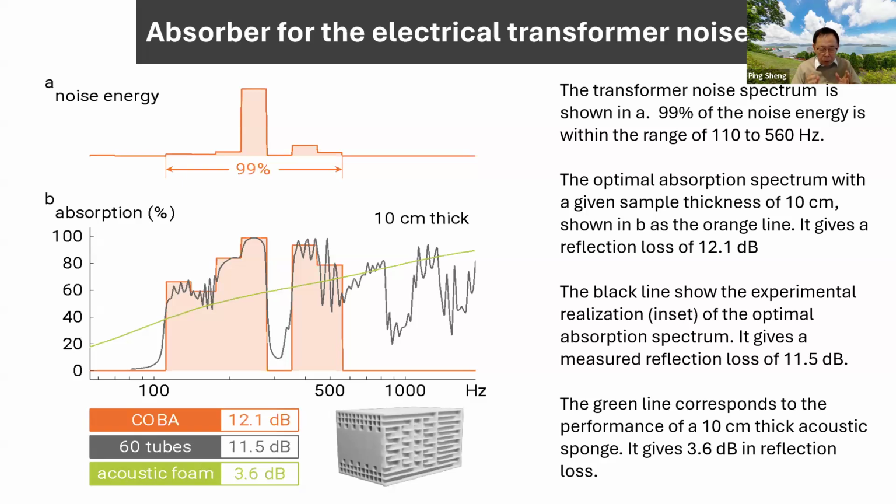And the absorption is 11.5 dB. And for the acoustic foam, it is only 3.6 dB. So you can see a huge difference. Okay, this is something beyond the traditional absorber, because you can see in the metamaterial absorber, there is a notch in the middle that cannot be achieved with the traditional absorber.